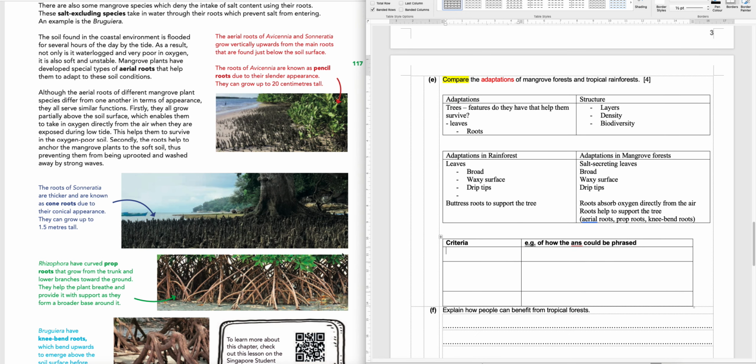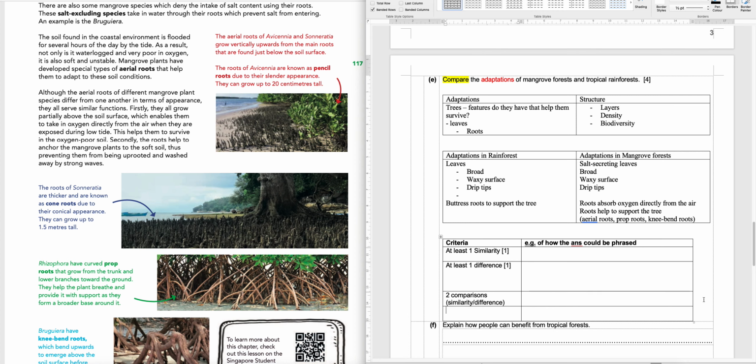Compare means you must give me at least one similarity, and you must give me at least one difference. And the remaining marks, since there's 4 marks, 4 minus 2, you must give me 2 comparisons.